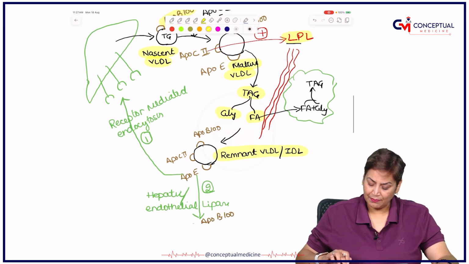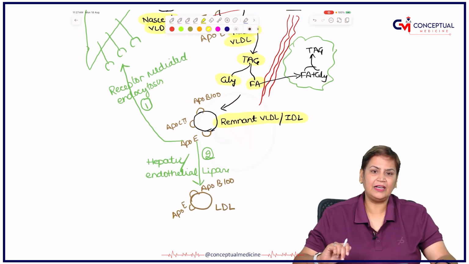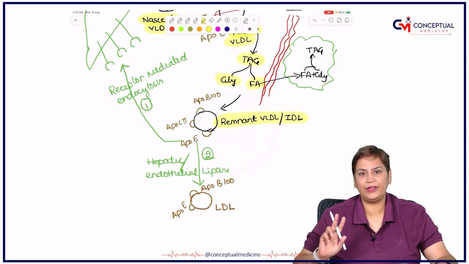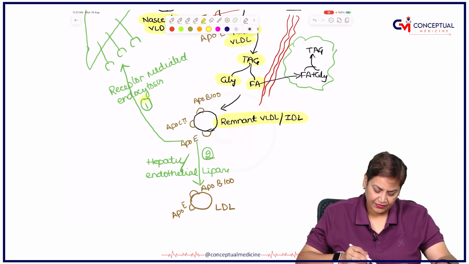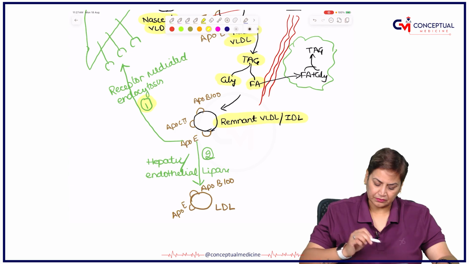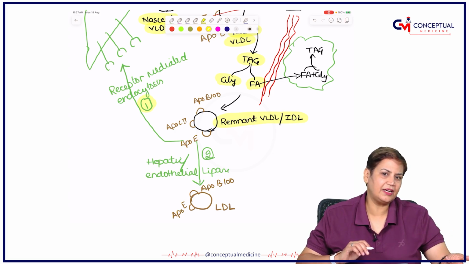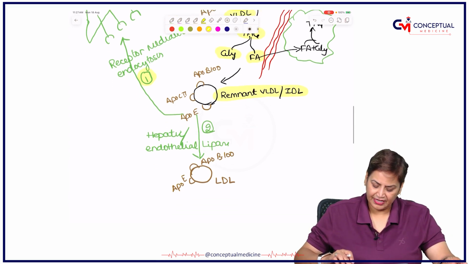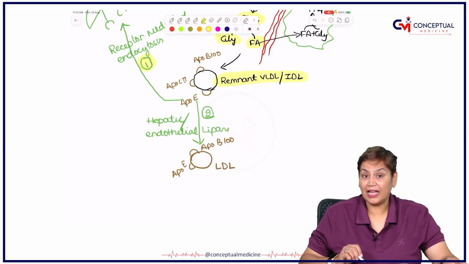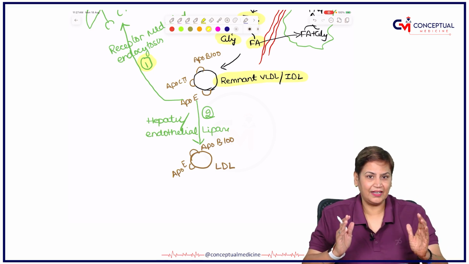So now this remnant VLDL or IDL has two fates. You can see that the first fate is it will be recognized by receptor mediated endocytosis, or again TGs will be degraded. And the second fate is that endothelial lipase or hepatic lipase will segregate this.